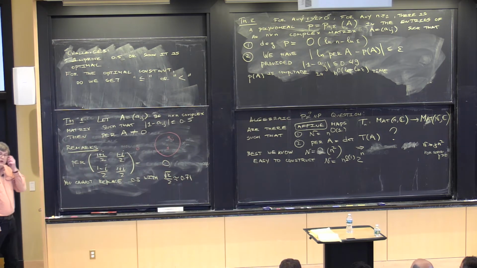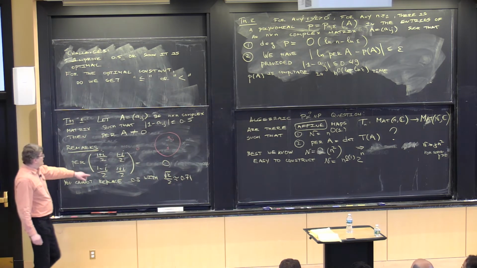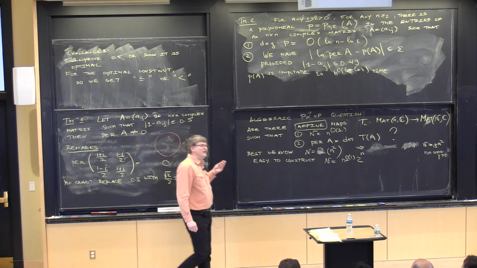So furthermore, by the way, square root of 2 over 2 is optimal in dimension 2.